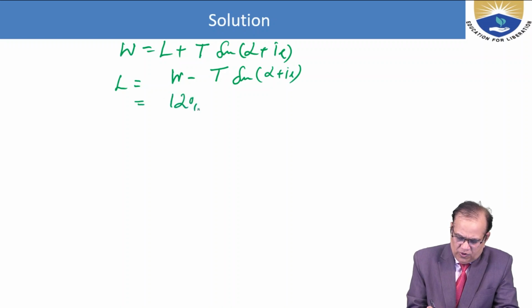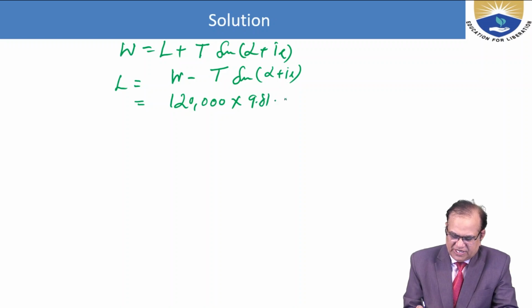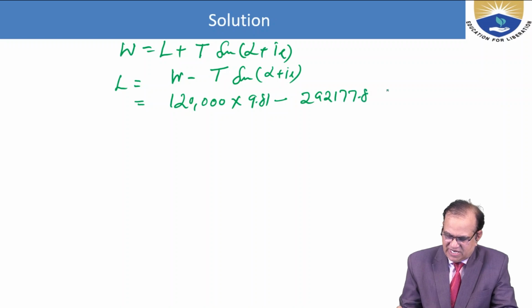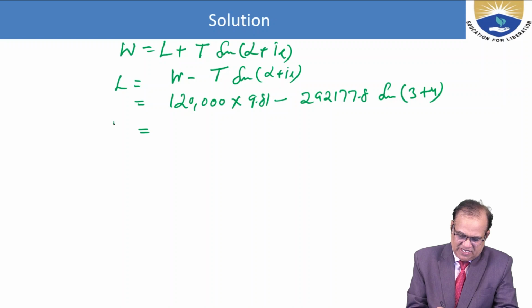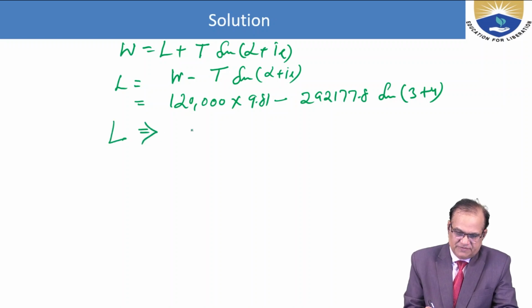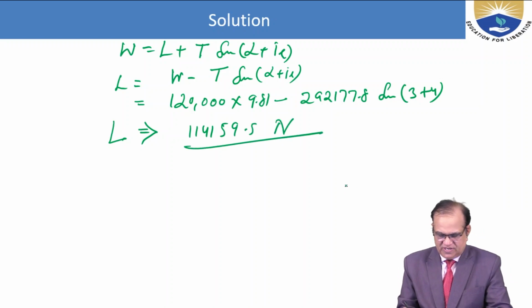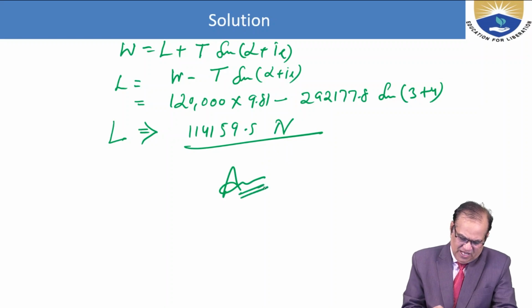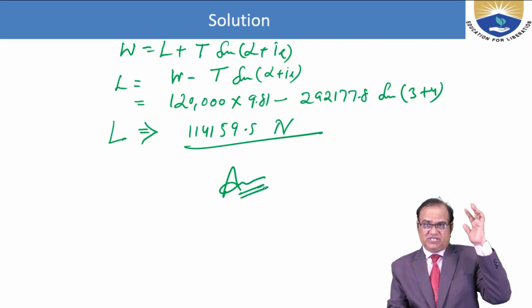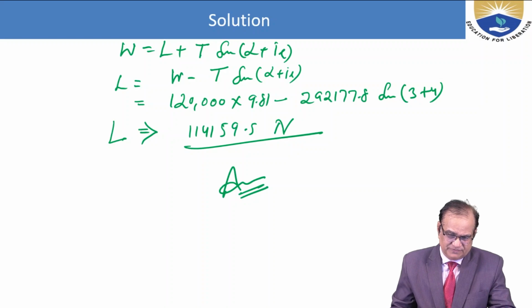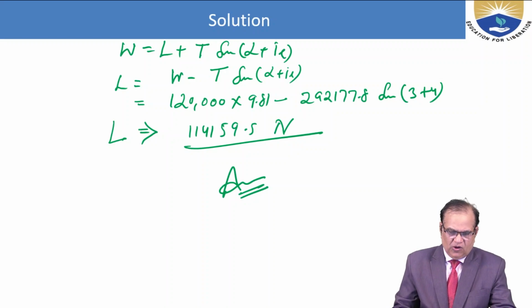W is equal to 120,000 into 9.81 to convert to Newton, minus T, which is 292,177.8, sine of 3 plus 4. So the lift you will get is 1,141,592.5 Newton. This is the lift, and we got the answers here, because in the question it is asked how much is the lift and how much is the thrust.